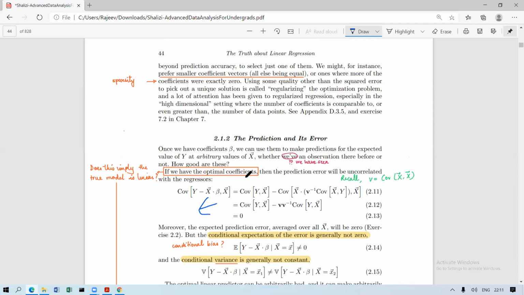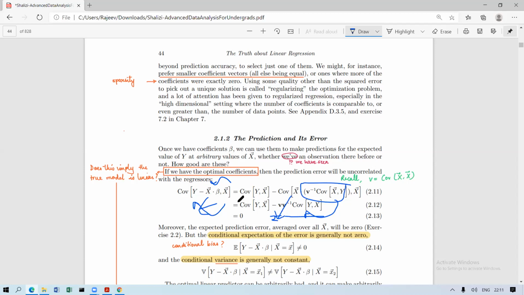If you expand this, you get the covariance of y with x minus the covariance of x beta with x. Since beta is constant, you can take it out. The covariance of x with x is V, as I showed you. So this is V and this is beta. Then V inverse V gives you I, and the covariance of x minus the covariance of x will be 0.